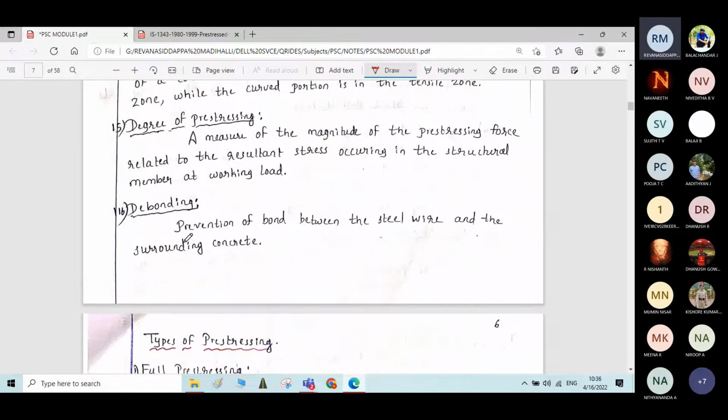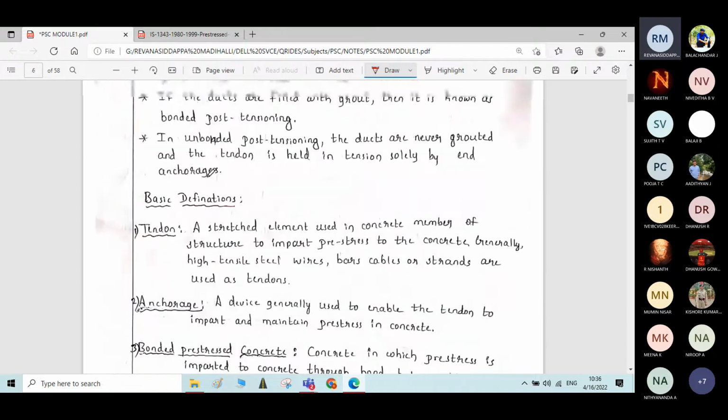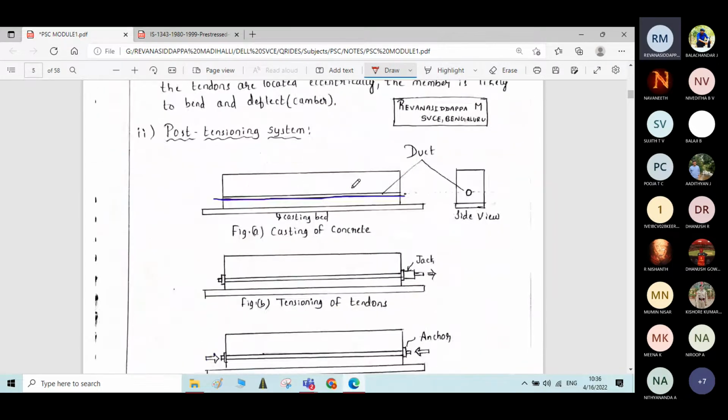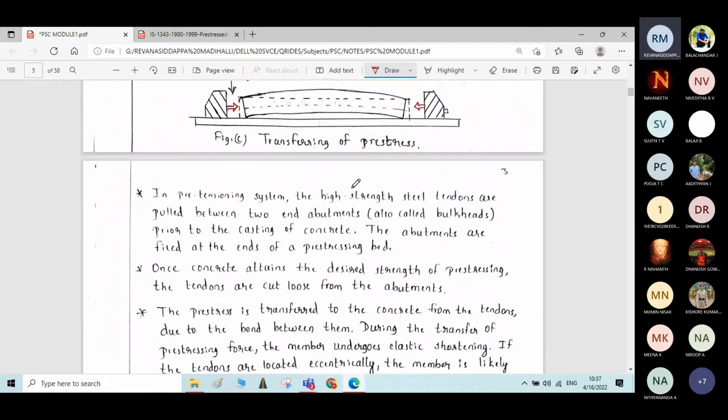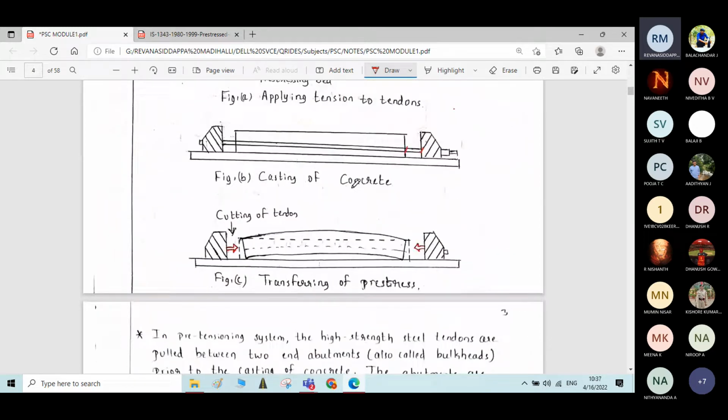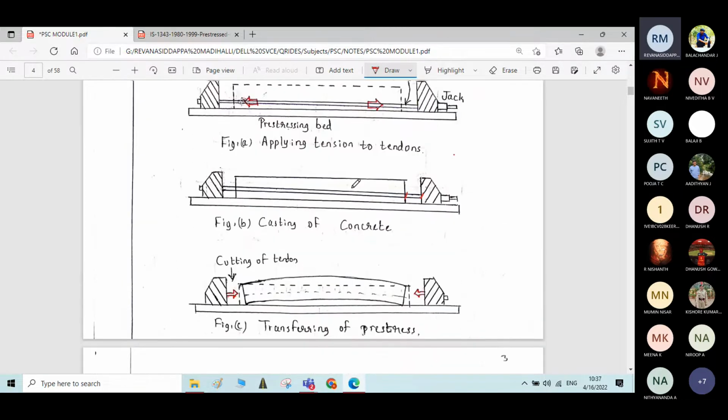Next modules. Then coming to the degree of prestressing. When we are doing the prestressing, 100% prestressing we cannot do, because there are some losses of prestress involved in the process of pre-tensioning or post-tensioning.